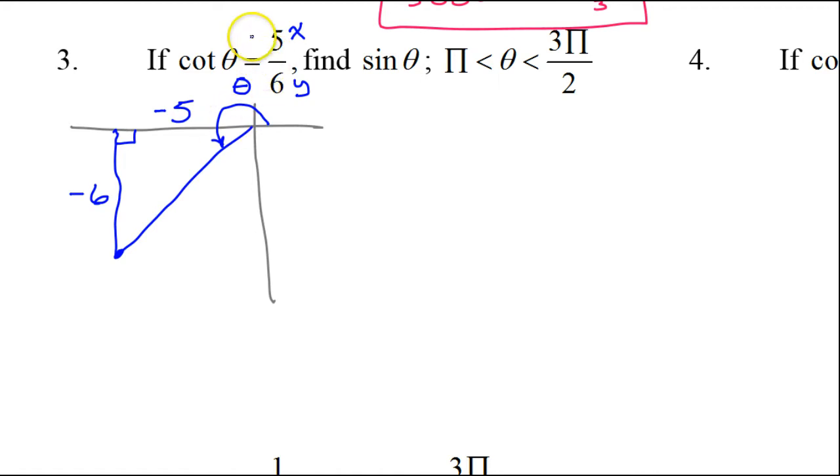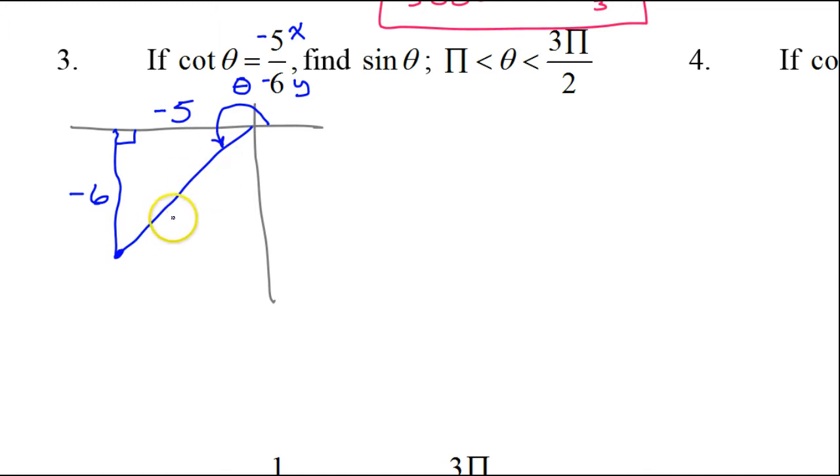Which makes sense because negative 5 over negative 6 is equivalent to positive 5 over 6, because a negative divided by a negative is a positive. But we will have to think of it as negative 5 over negative 6 because it is left and down. That's the x and the y.